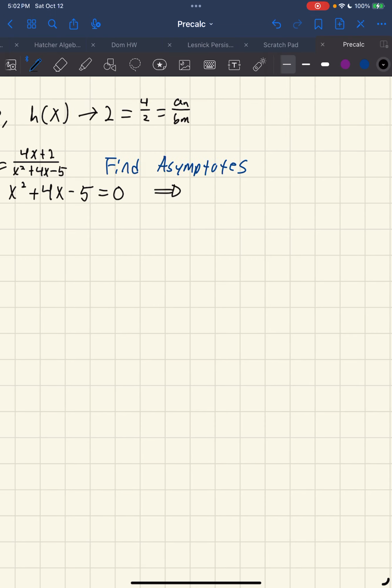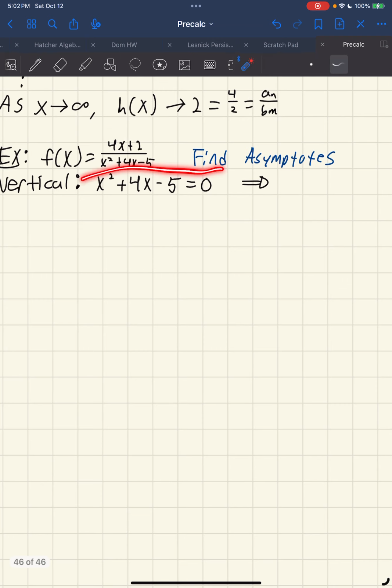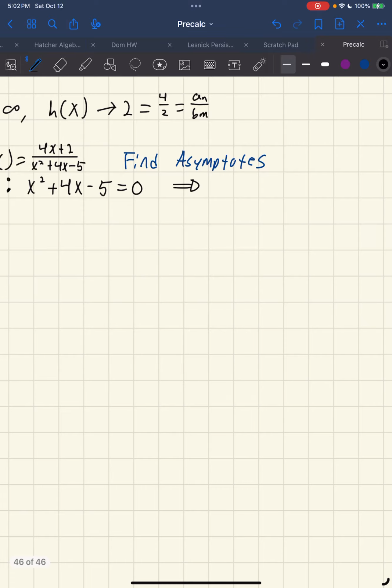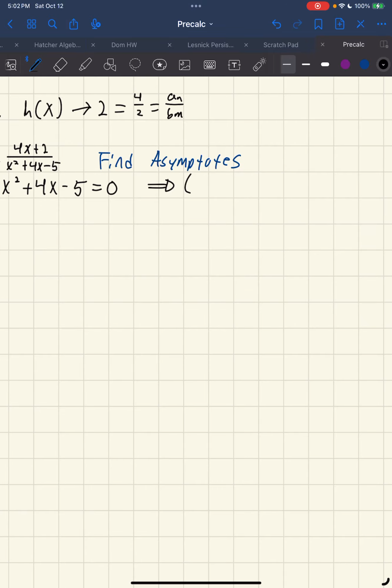I'll do the double arrow to say this statement implies whatever comes after the arrow. This is the same as saying, well, this is much easier to factor. This will be x plus 5, x minus 1 is equal to 0. Don't believe me, feel free to distribute for yourself and you'll see.